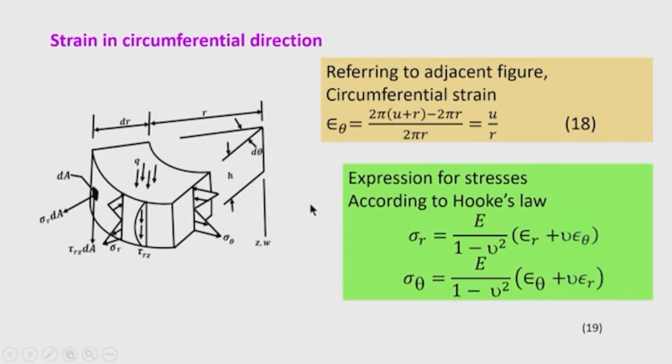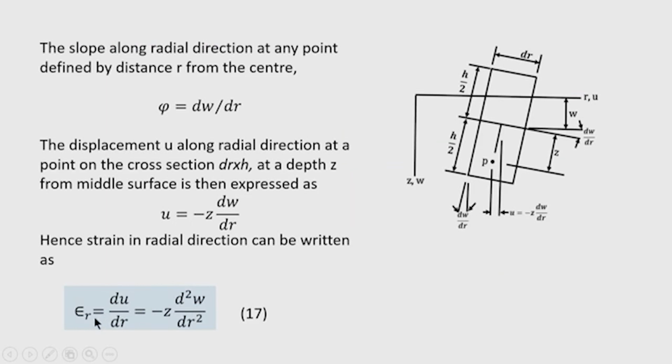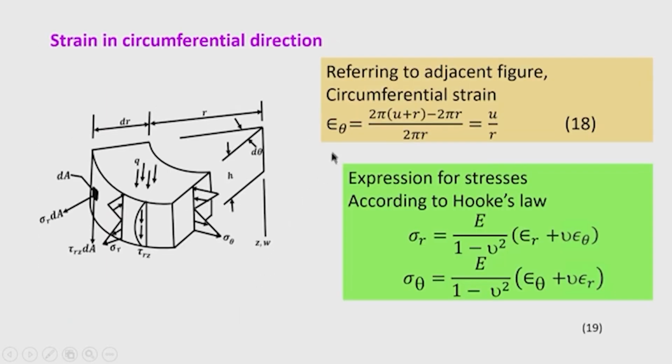After obtaining the strain in the radial and circumferential directions, we can now express the stresses using Hooke's law, because we are dealing with linear elasticity. Using Hooke's law, sigma r equals E divided by 1 minus mu square into epsilon r plus mu epsilon theta.